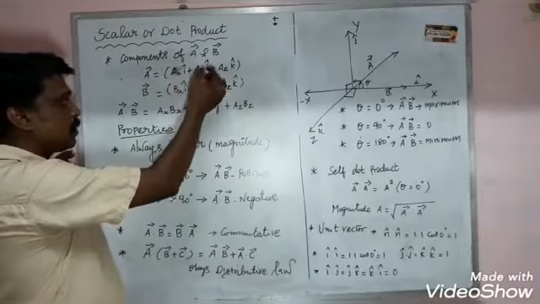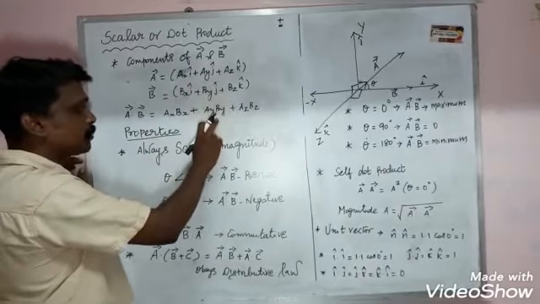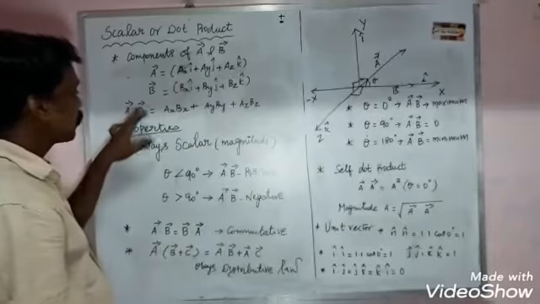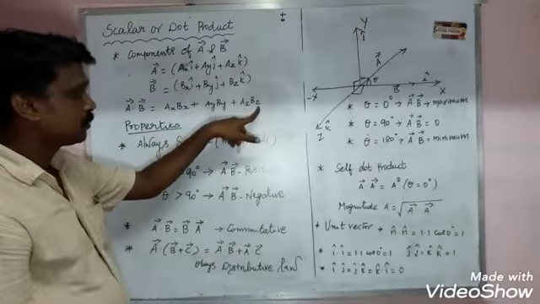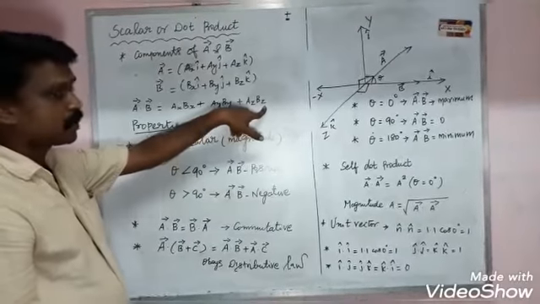In the same way, for Ay By only here it becomes 1, other terms become 0. Therefore A vector dot B vector is equal to Ax Bx plus Ay By plus Az Bz. This is the final property of the scalar or dot product of two vectors.